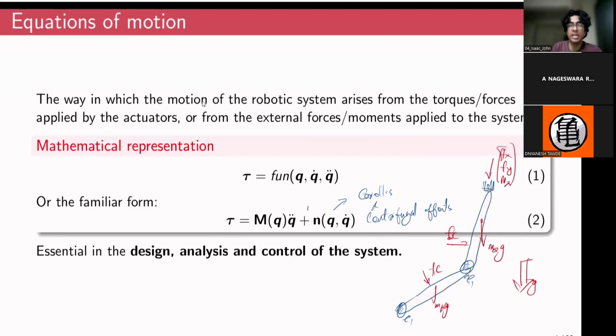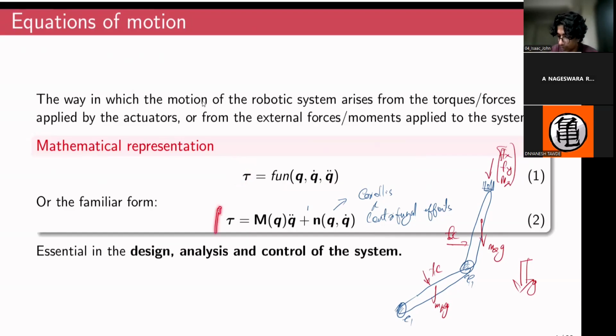So to predict the change of state of a robotic manipulator, we would need a dynamic model of the robotic system that essentially maps the generalized forces and torques to the generalized positions, velocities and accelerations. So that is why we need a dynamic model, right? To predict or to estimate the change of state of a robotic system as time evolves.